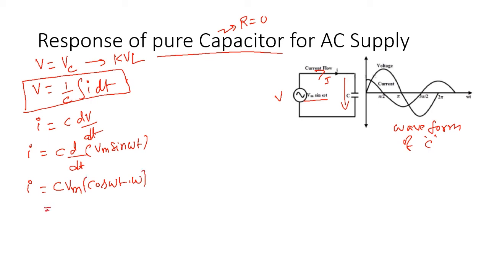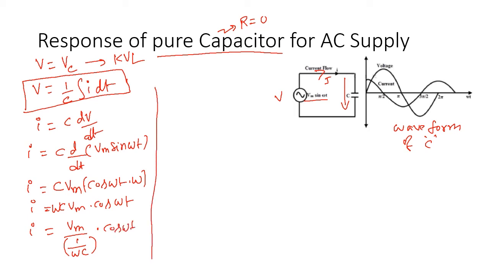So now I am writing here C omega Vm cos omega t, right? So this I am going to write as Vm by 1 by omega C. When you reverse this function, you will get Vm into omega C into cos omega t. You will get that equation, right?